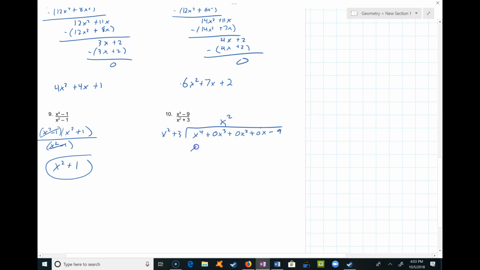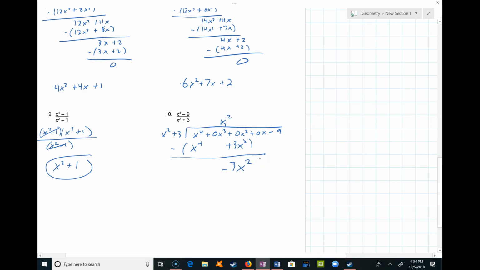So x squared times x squared is x to the 4th. And x squared times 3 is positive 3x squared. And notice I just put it under the thing that I want to subtract from. So then when I go to subtract this, I get nothing there. I don't get anything there either. And I get a negative 3x squared there.